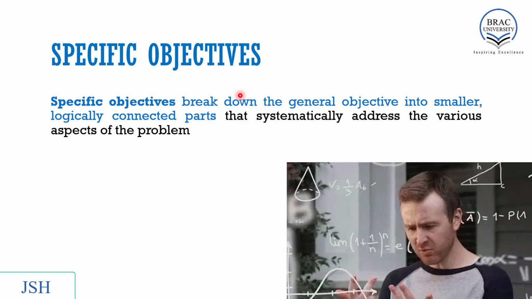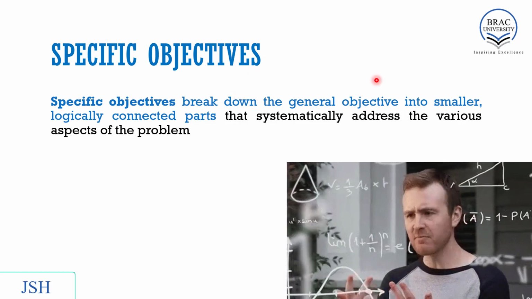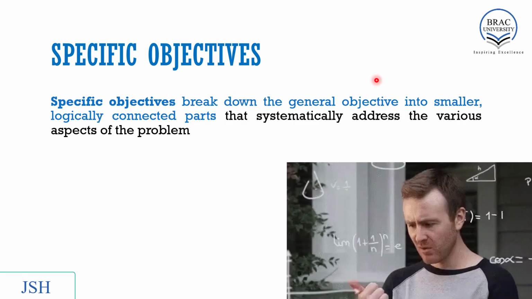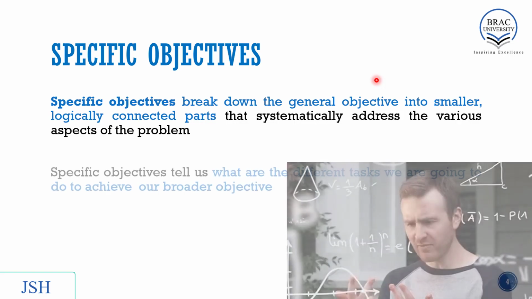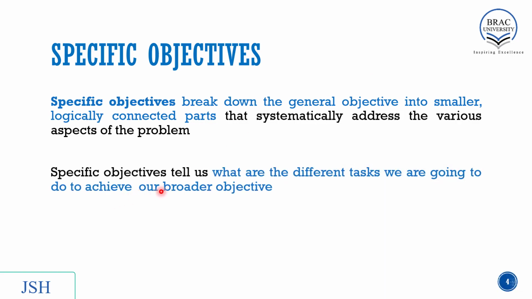Before going into the explanation, as promised, just have a look at this simpler definition. Specific objectives tell us what are the different tasks we are going to do to achieve our broader objective.